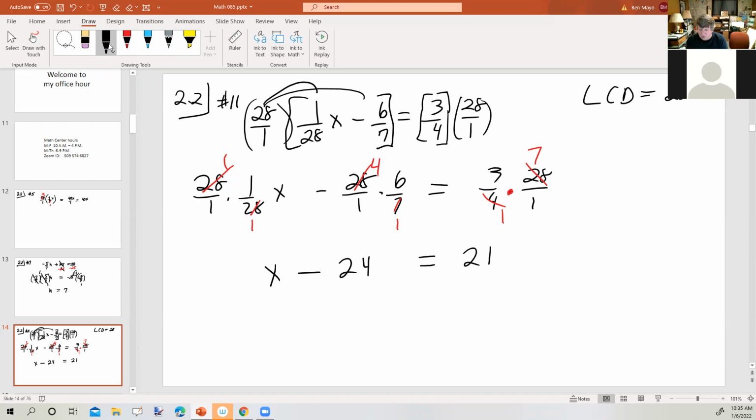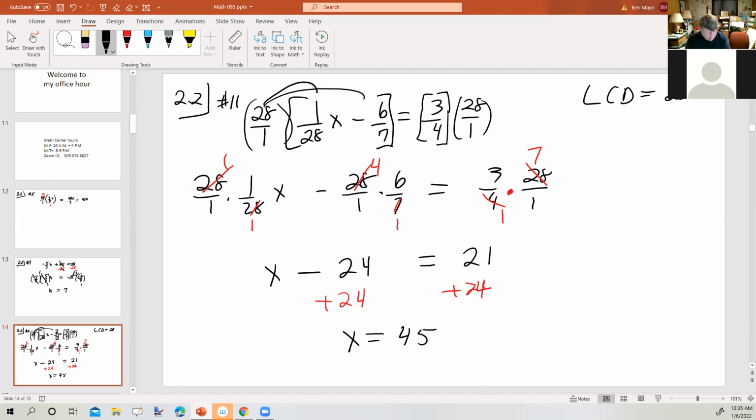So we have this new equivalent equation without the fractions. Now we'll add 24 to both sides, and we get x is 45.